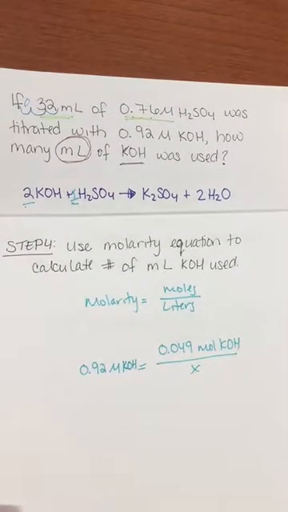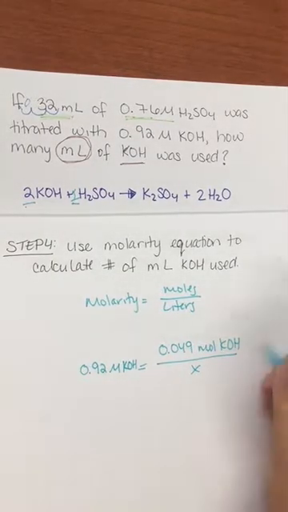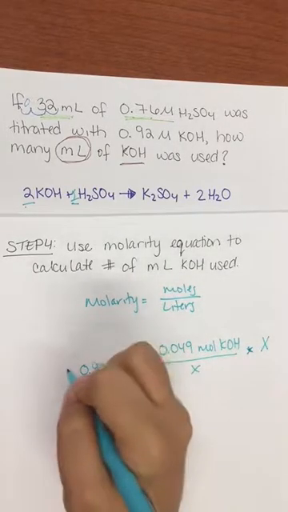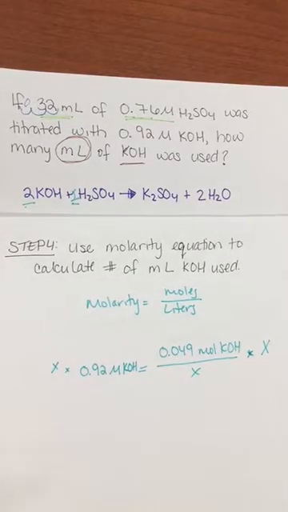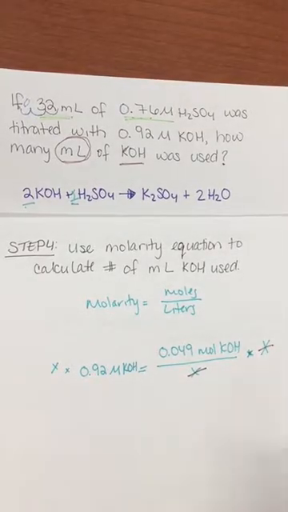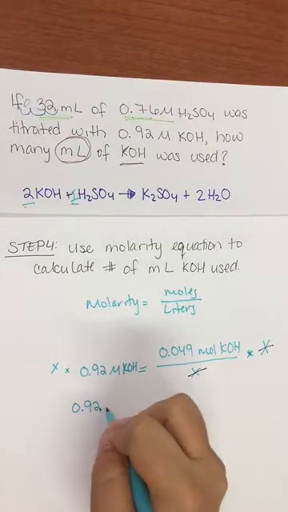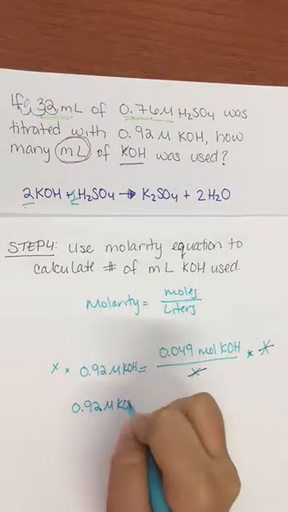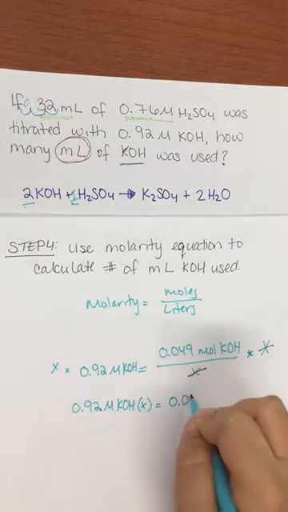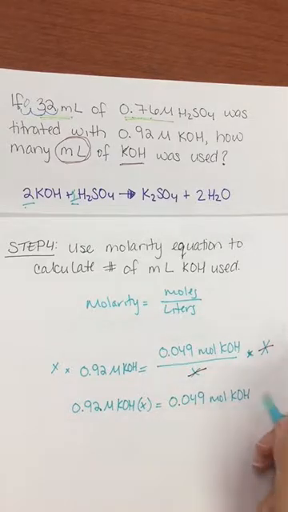Now if I want to solve for x, what I need to do is multiply both sides by x, so that x comes out of the denominator, and this will become 0.92 KOH times x equals 0.049 mole KOH.